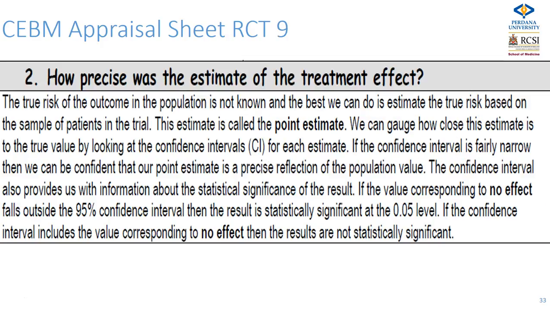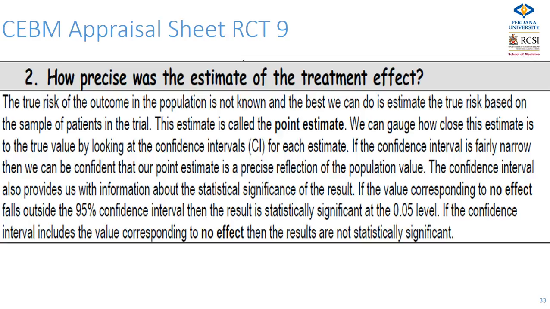So how precise was the estimate of the treatment effect? We may not know the true risk of the population, and therefore the best we can do is estimate it as accurately as possible. This is called the point estimate. We can gauge how close this is to the true value by looking at the confidence intervals for each estimate.